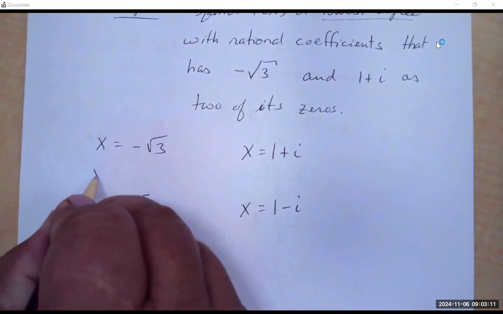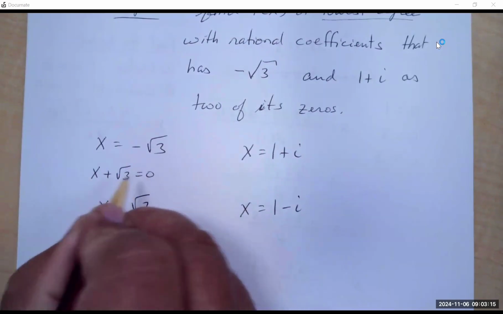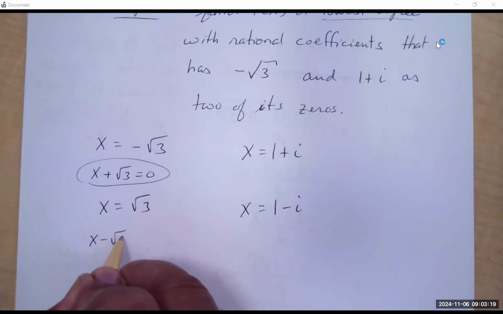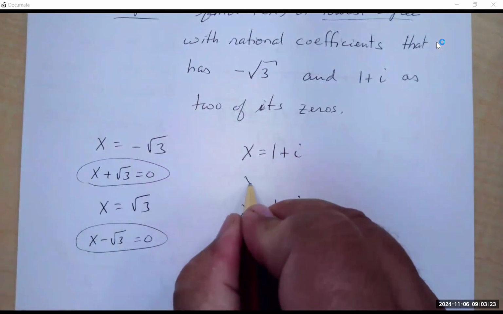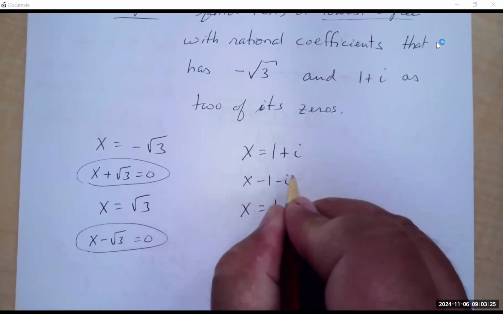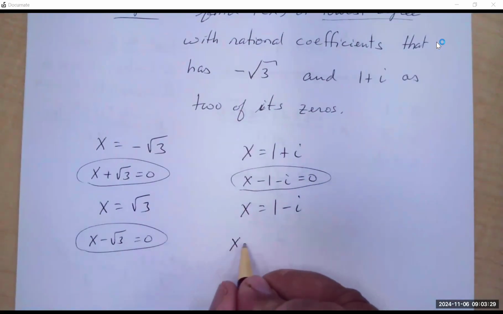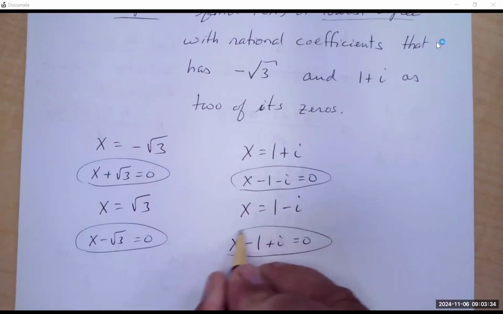So we got to set them equal to 0. So x plus radical 3 equals 0. X minus radical 3 equals 0. X minus 1 minus i equals 0. X minus 1 plus i equals 0.